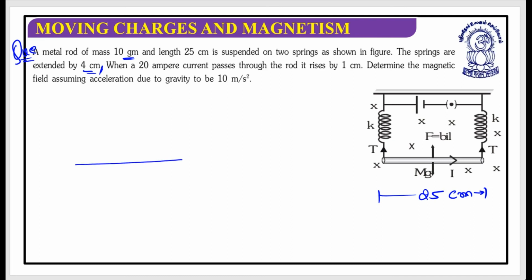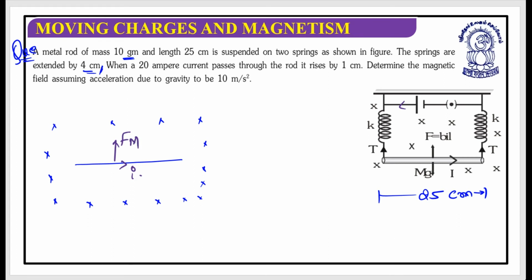This is the rod, and when the magnetic field has been set up, what would be the direction of the magnetic force? The current is moving in this direction. This is the battery, so current flows from positive to negative. So this Fm is going to act in this direction.